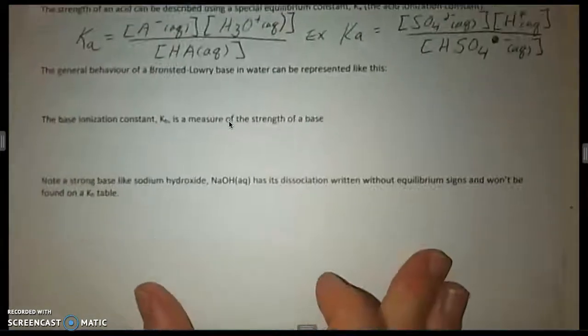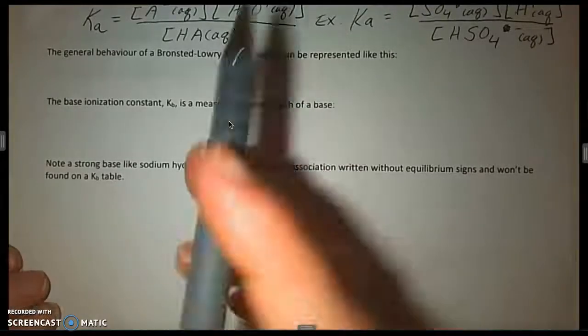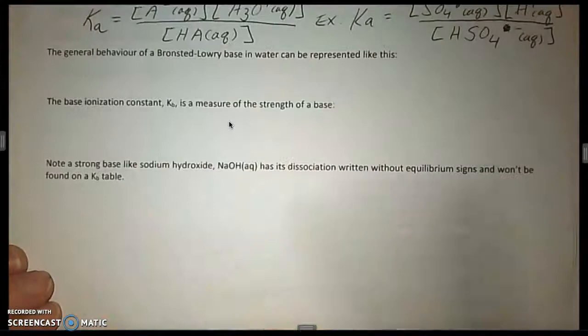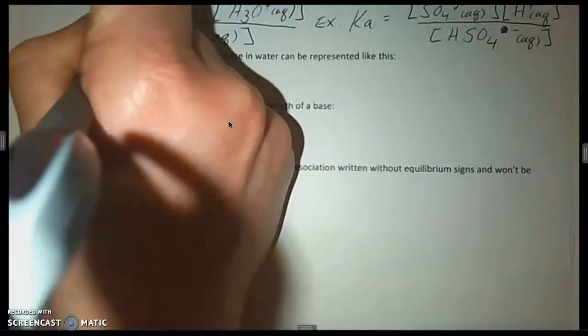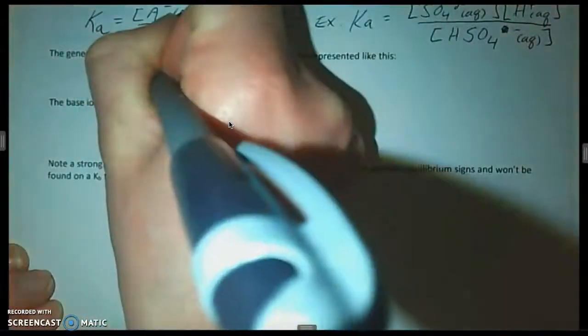All right, let's talk a little bit about bases before we move on. So, just like I can write a general reaction for the dissociation of an acid, I can write a general reaction for the dissociation of a base. In the case of a base, I'm going to call it B. And it's going to interact with water.